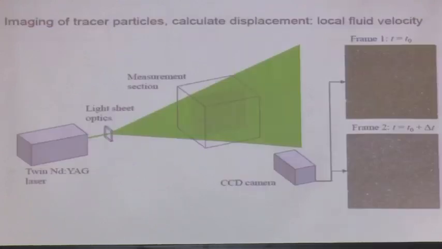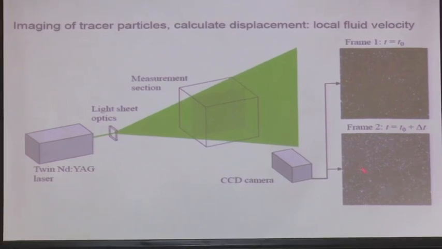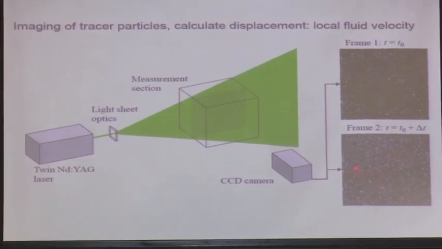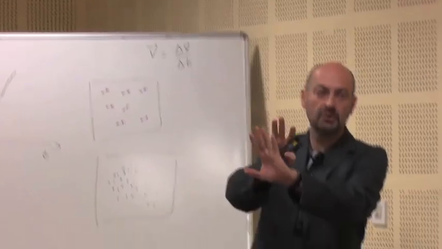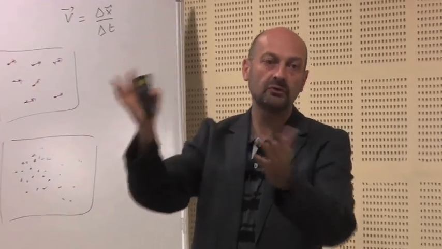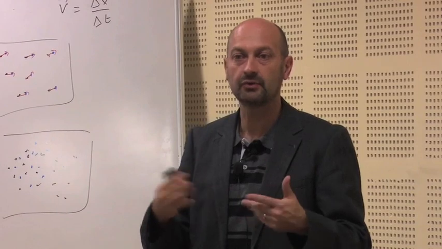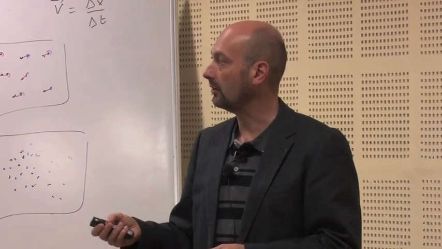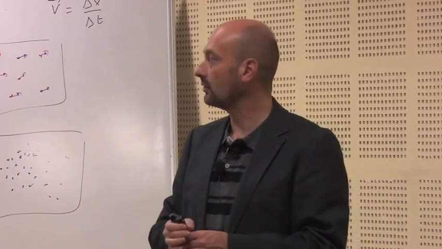So you are going to look for the correlation between that image and the next image few milliseconds later, but you are not going to look at individual particles one by one. You are going to look at the pattern. Okay, so it's like a texture. You want to evaluate how this pattern has been transported to the next image, and it's based on cross correlation. So you are going to do a fast Fourier transform to evaluate a correlation function, and then you are going to search.